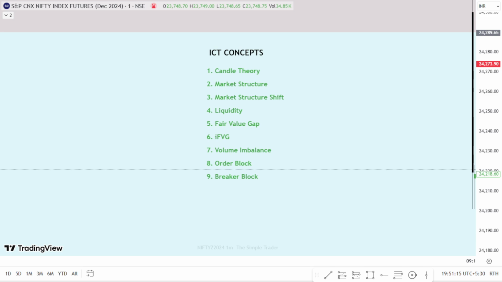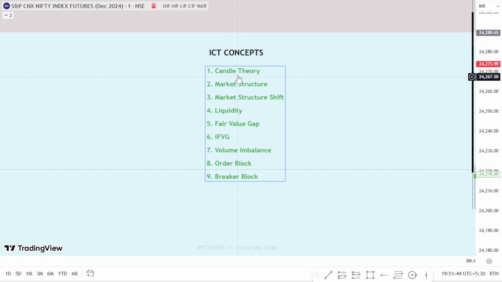Not saying that the other concepts of ICT are not good, but in the end, ICT himself says that he has a lot of PD arrays. PD arrays are these concepts. He himself says there are maybe 81 PD arrays. So you don't need to understand all of them to be profitable. Here are the simple concepts which I think are sufficient for trading ICT concepts in the Indian markets.